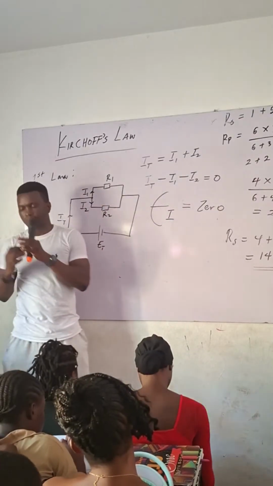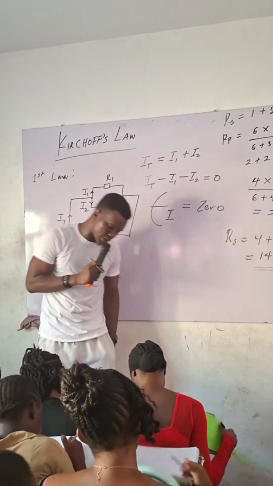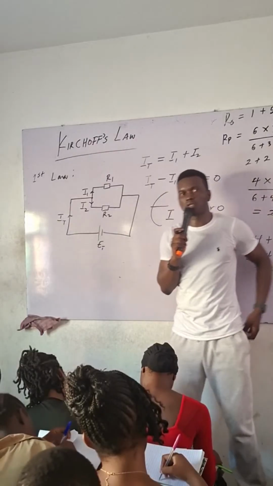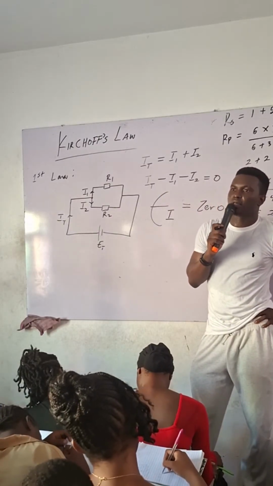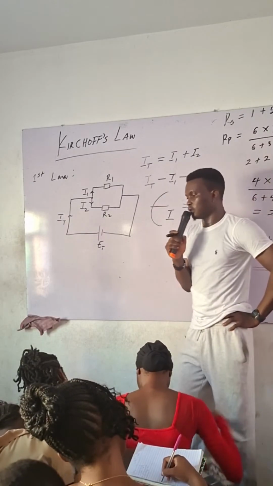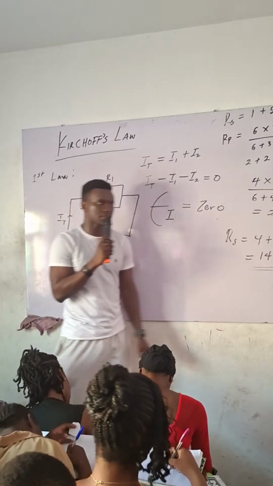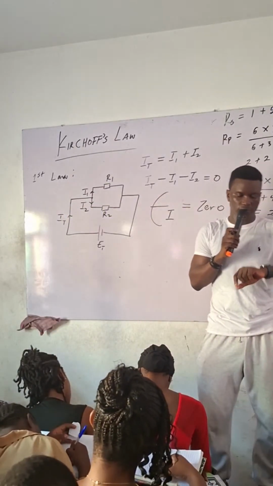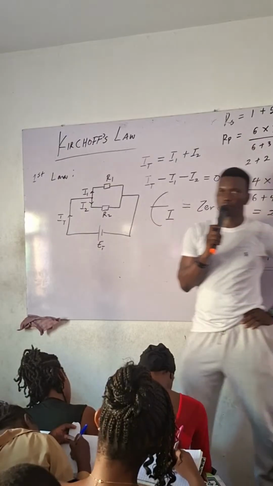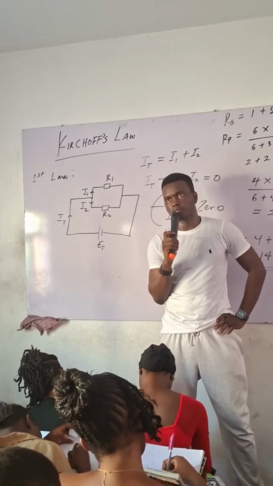The sum of the currents entering and leaving a junction, putting directions into consideration, will be equal to 0.